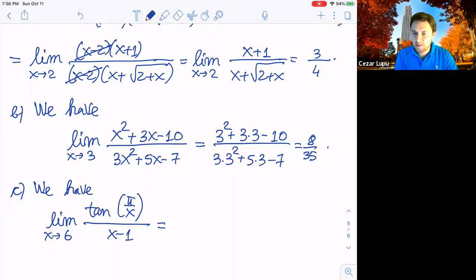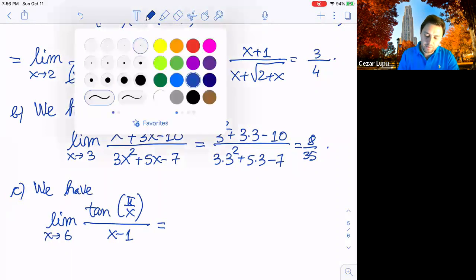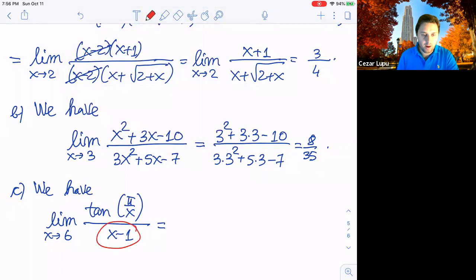So 6 won't give me any headaches. The only number that would have given me headaches would have been 1, because you see that the denominator has a problem when x equals 1. So it will be 0. You know, fractions with 0 denominator don't quite actually exist, but anyway.